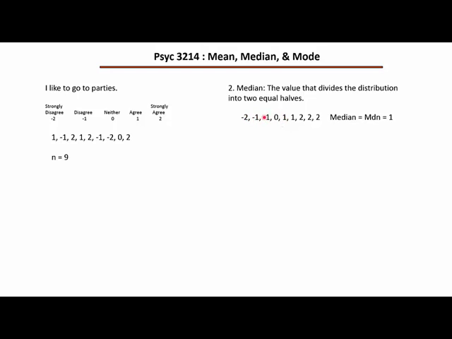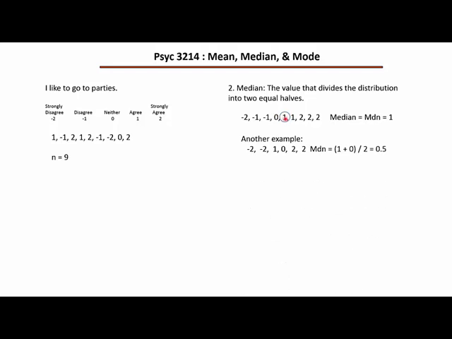So I have 1, 2, 3, 4 values there, 1, 2, 3, 4 values there. So that value of 1 cuts the distribution in half evenly. So I've got 4 there and 4 up there. So that is your median. So this is all you have to do. There's no formula. There's no trick to it. Just order your data from least to greatest and then find the value that cuts the distribution in half.